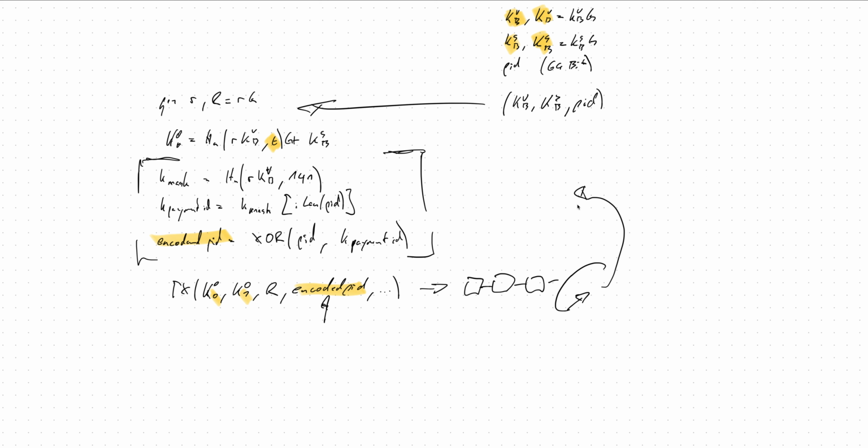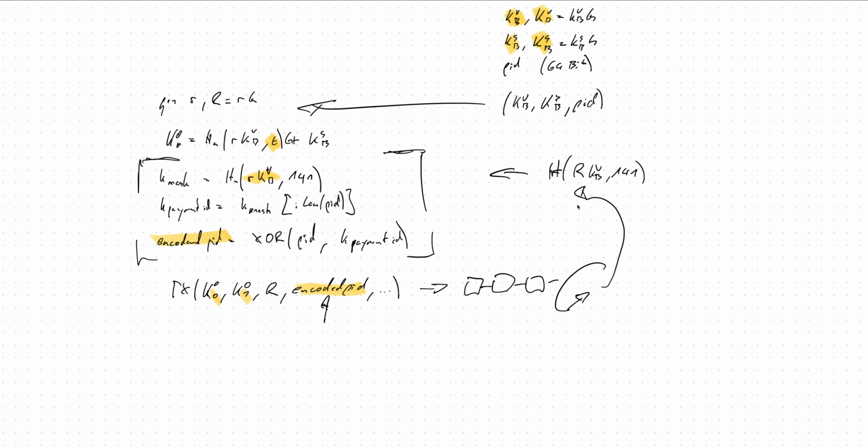Here, he will go through each step. So he will first calculate K-mask, and again, Bob is going to calculate the hash of R and his private key and the known number of 141.